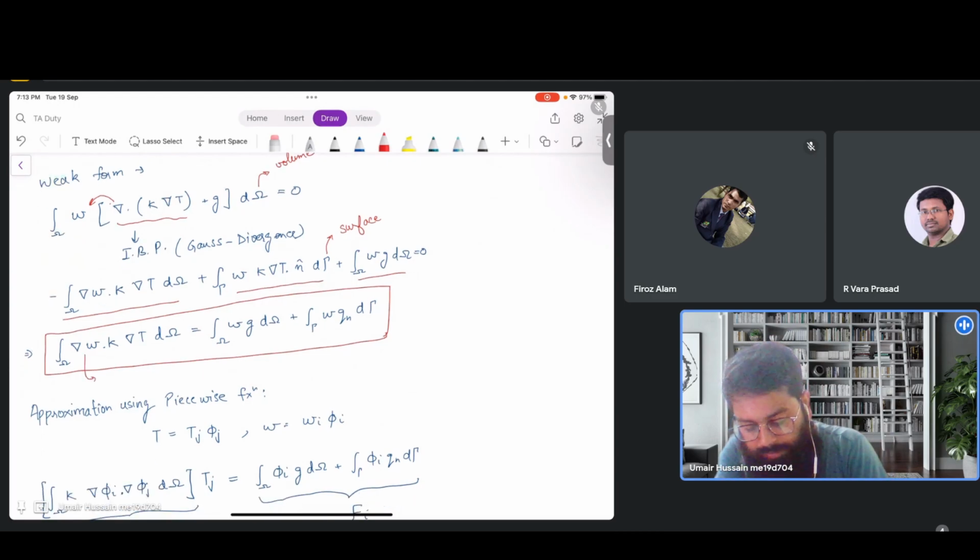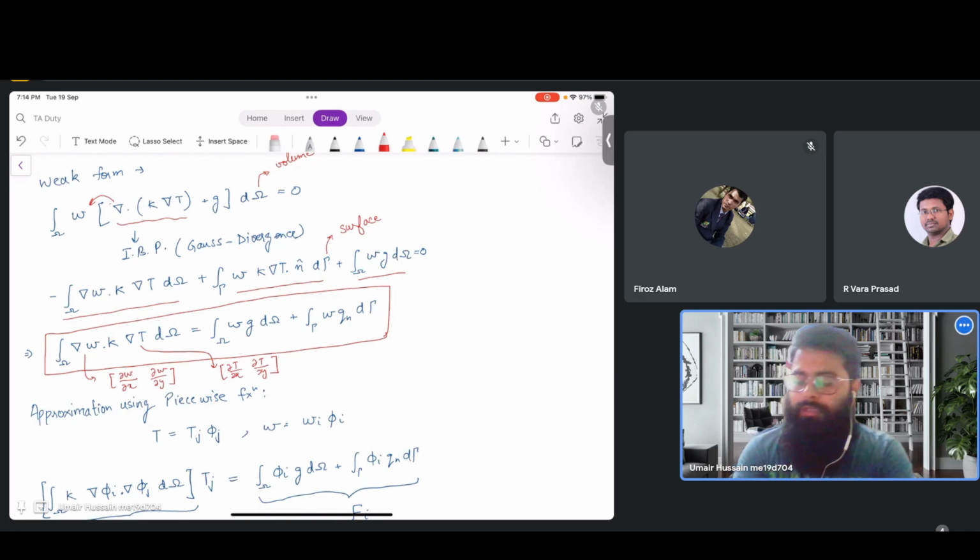So this actually means a vector, dou w by dou x, dou w by dou y, and this also is another vector, dou t by dou x, dou t by dou y, and kappa is a constant. In this case, we consider it constant. Usually, for some anisotropic case, it's actually a second order tensor.